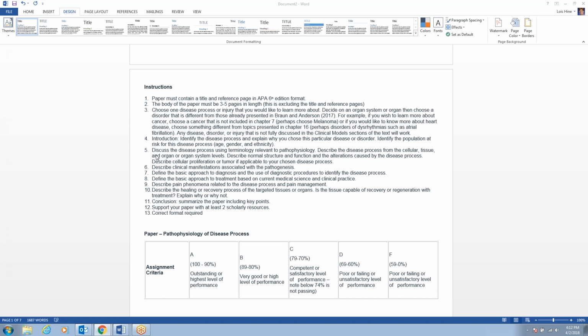Then the next part is going to be to discuss the disease process using terminology relevant to pathophysiology. That's because here we are in a patho class. You're going to describe the disease process from the cellular, tissue, organ, and organ system levels.